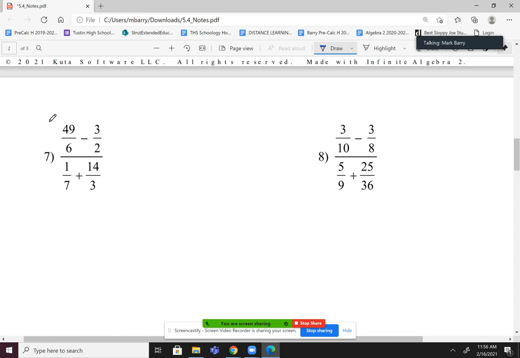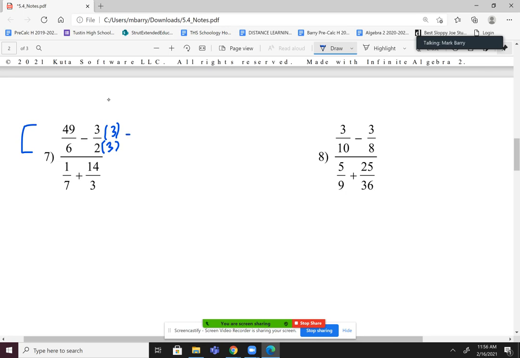So let's just look at this, just the numerator first, okay? So if I was doing this subtraction, we know now adding and subtracting, we have to think about common denominator, right? So I could make both of these denominators a 6. If I multiply this one by 3, I really don't need to multiply the other one by anything.